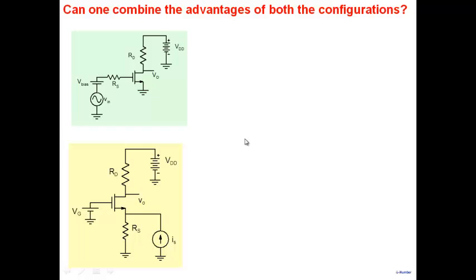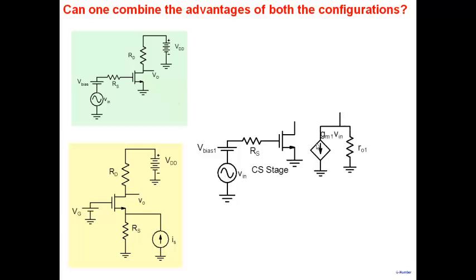All right. So just like in a bipolar, we can combine the advantages of a common source and a common gate amplifier. As we said, common gate works very well with a current input, and common source, of course, is a voltage amplifier and works well with a voltage input. But if we look at this particular amplifier, we note that this common source stage is also a good voltage to current converter.